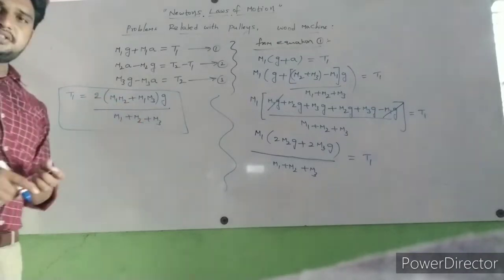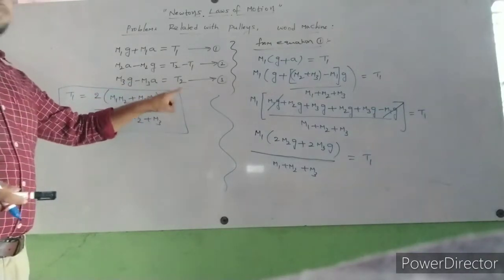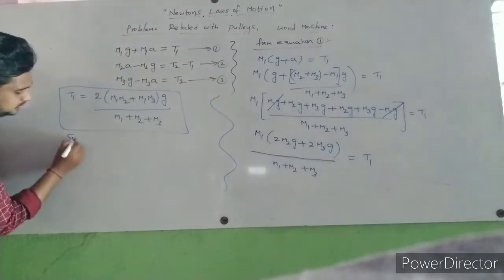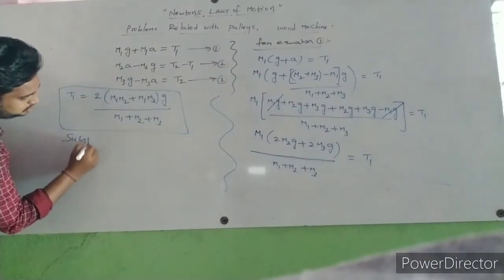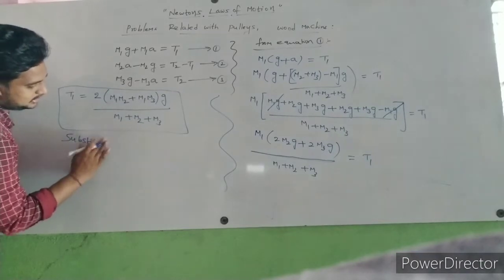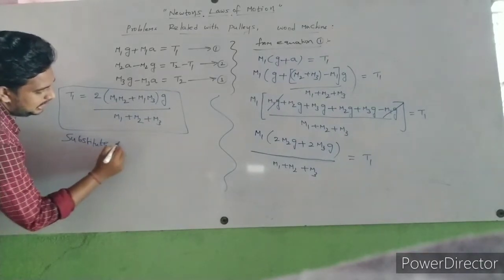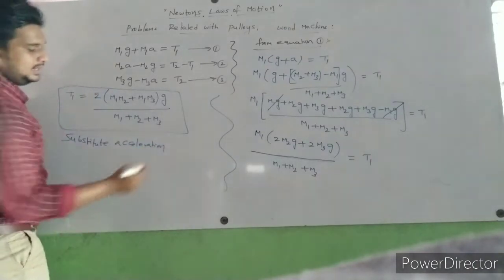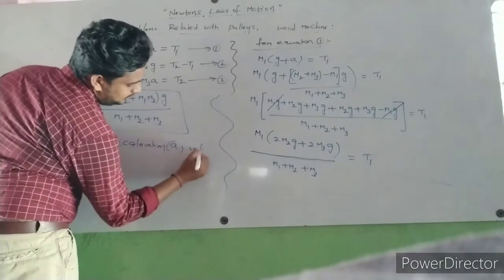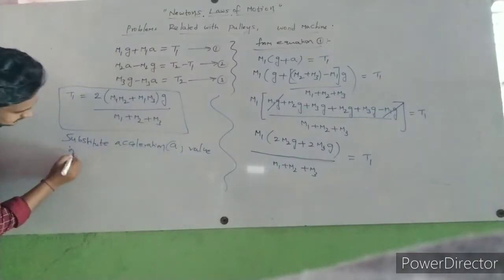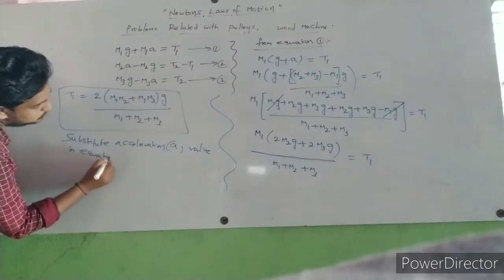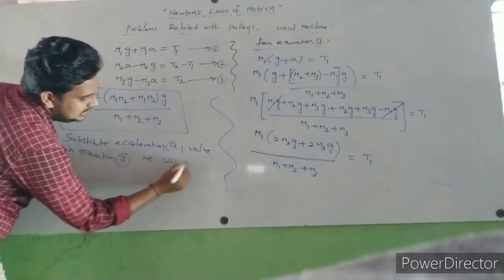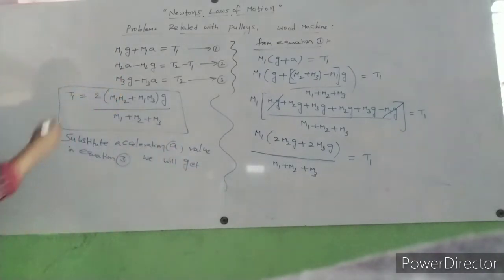So how do we get tension T2? Similarly, substitute the acceleration A value in equation 3 and we get T2.